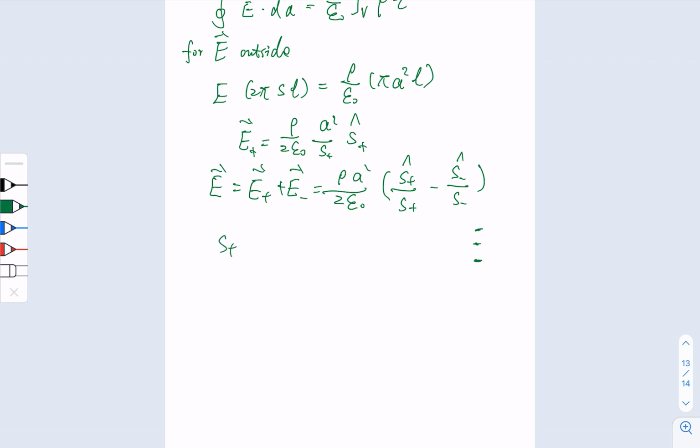So here the S plus minus is this S vector.